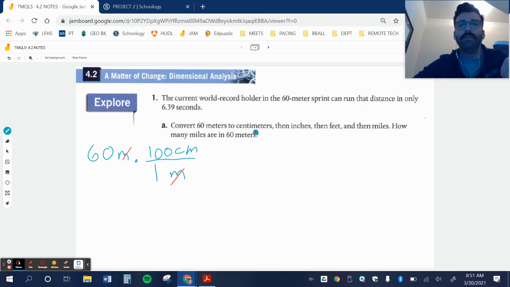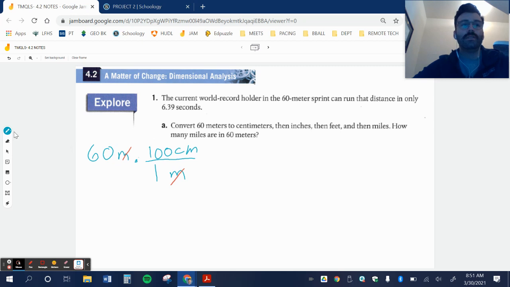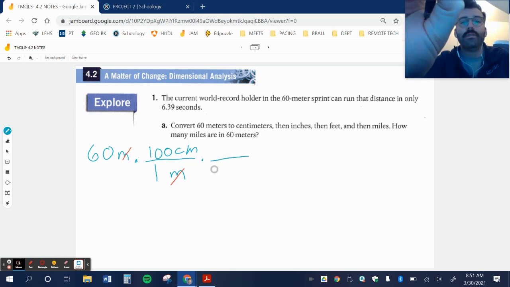So now it tells us to convert. Now I'm with centimeters, and I want to go to inches. Look at my conversion sheet. 1 inch is 2.54 centimeters. So I'm going to multiply 2.54 centimeters over 1 inch.